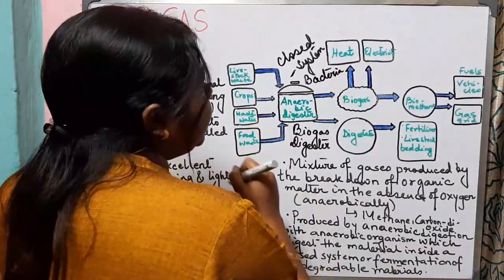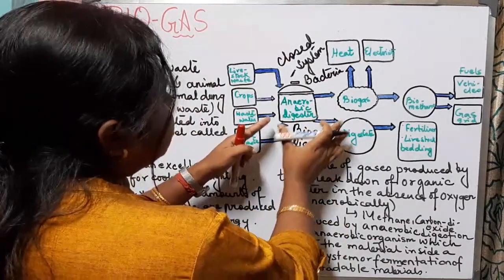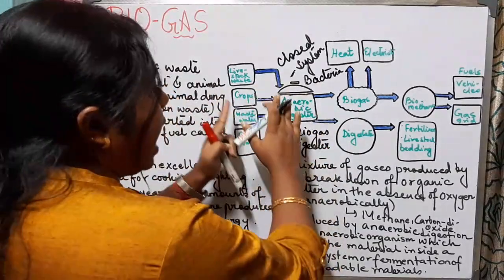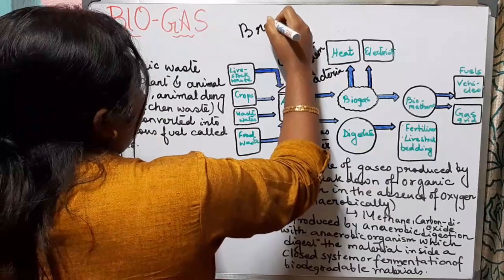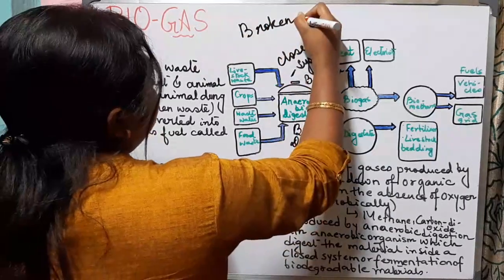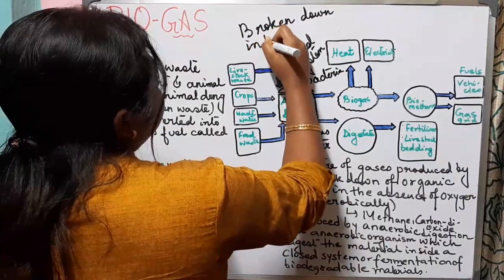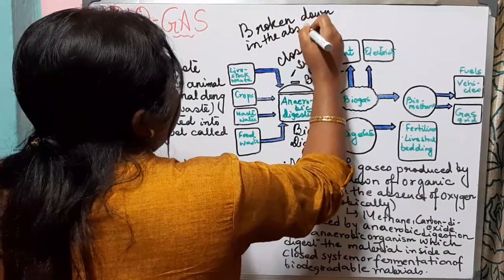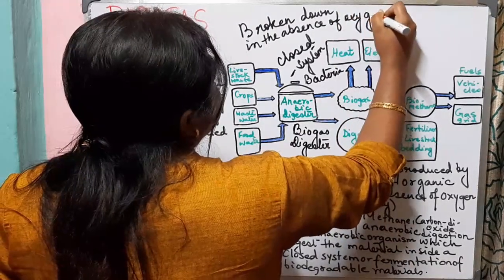So what will happen? The organic matter is dumped into this biogas digester or anaerobic digester, and here anaerobic digestion will occur. That means the organic matter will be broken down in the absence of oxygen.